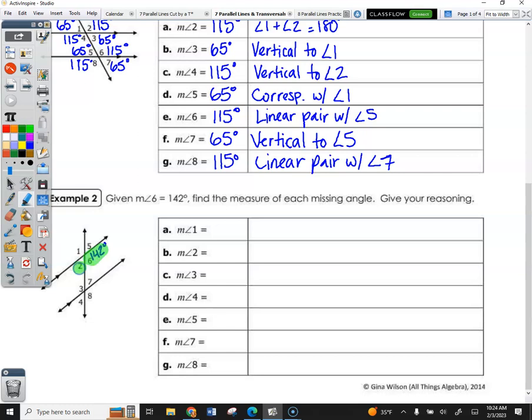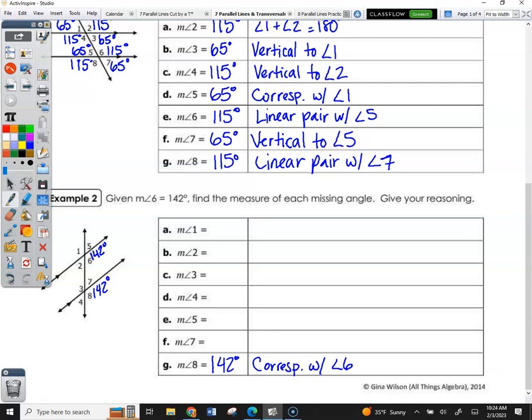Of the 4 angles created right here, it is in the bottom right. Of the 4 angles down here, which one is in the bottom right? 8. So angle 8 would be considered the corresponding angle to angle 6.